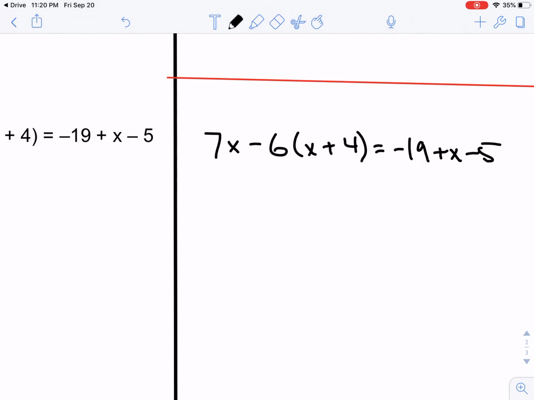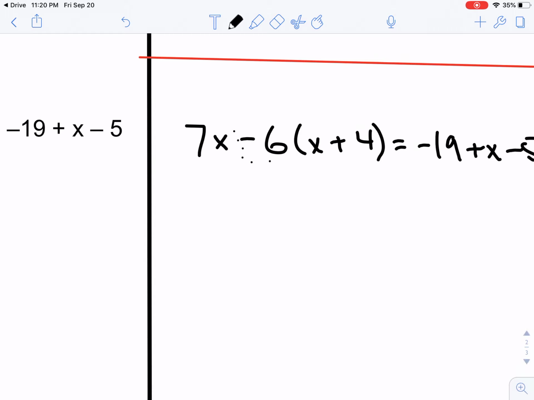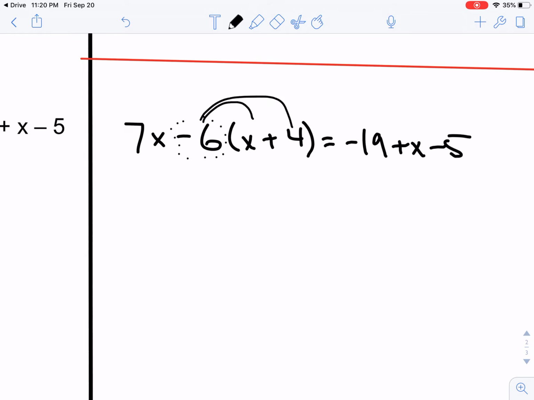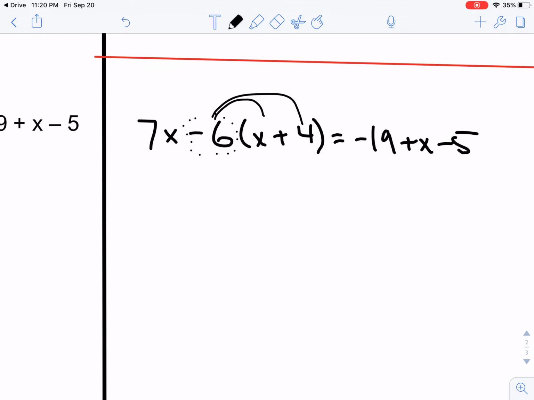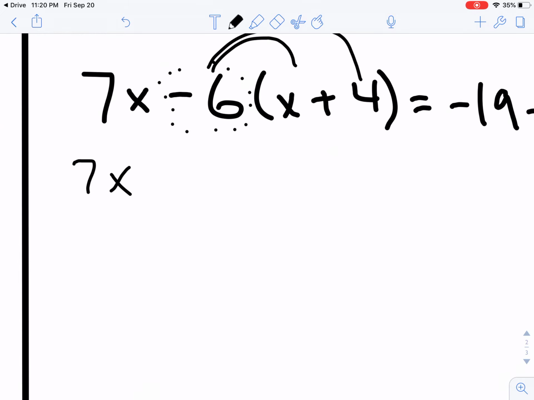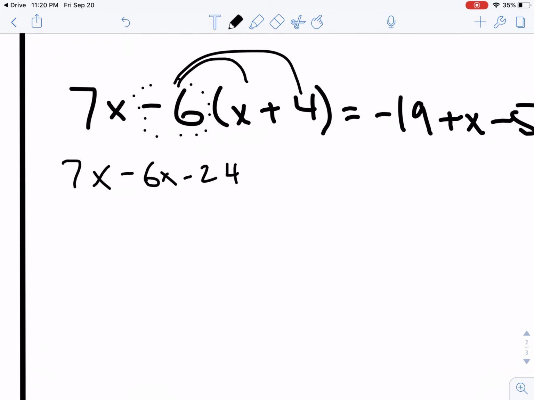First things first. Distribute. Okay. 7x. Negative 6 times x is negative 6x. Negative 6 times positive 4 is negative 24. Am I right? Am I going crazy? No, that's right. Okay.